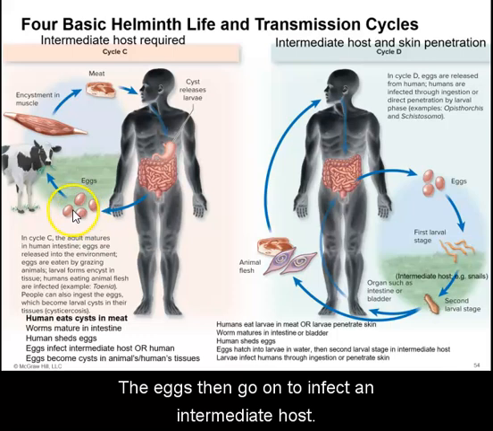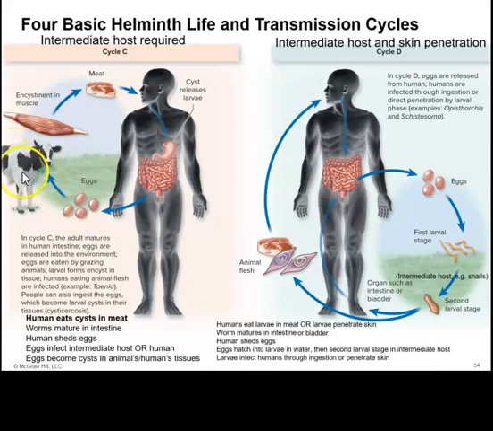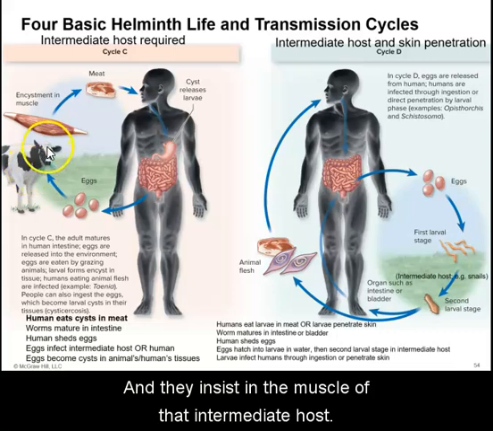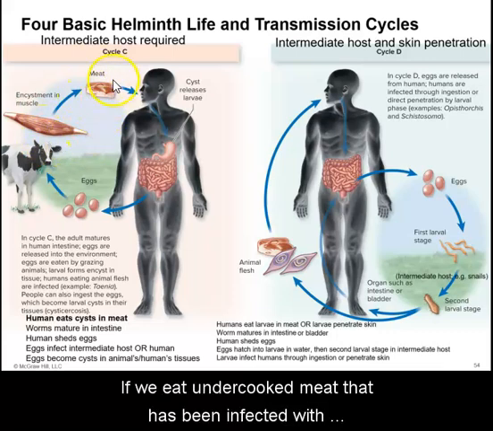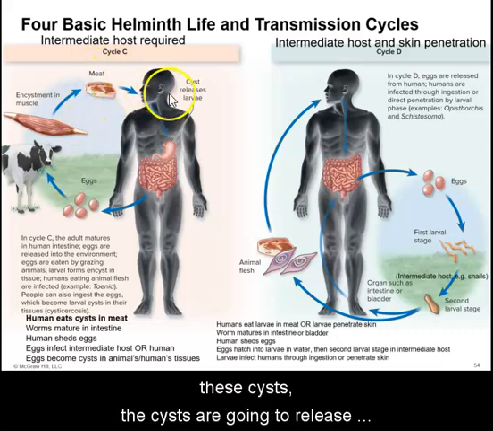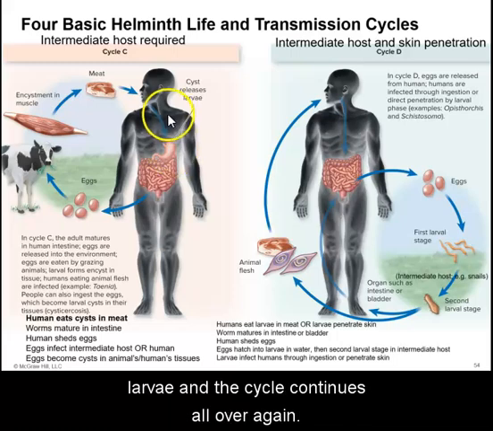The eggs then go on to infect an intermediate host, and they encyst in the muscle of that intermediate host. We eat the muscle, right? If we eat undercooked meat that has been infected with these cysts, the cysts release larvae, and the cycle continues all over again.